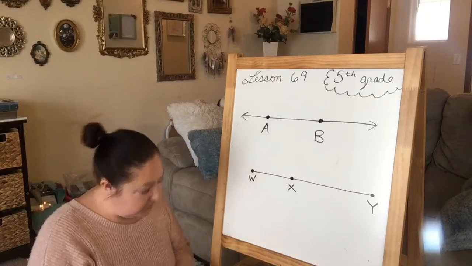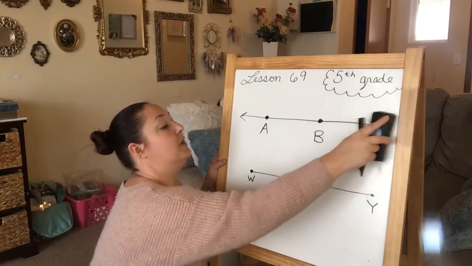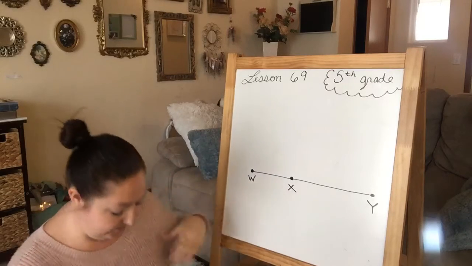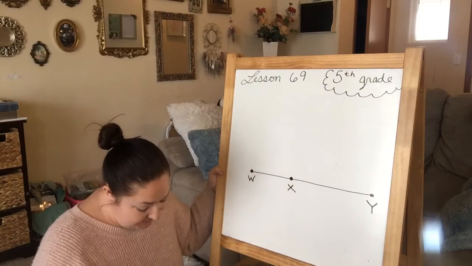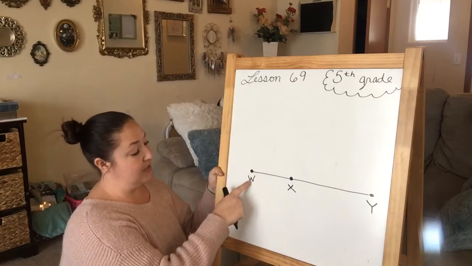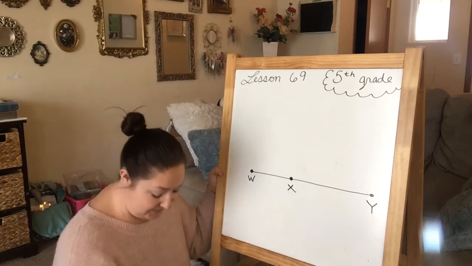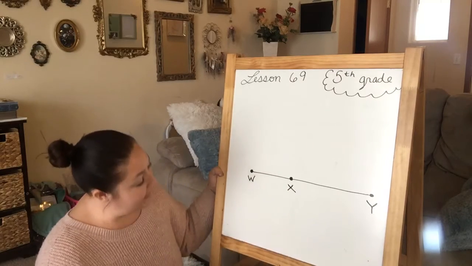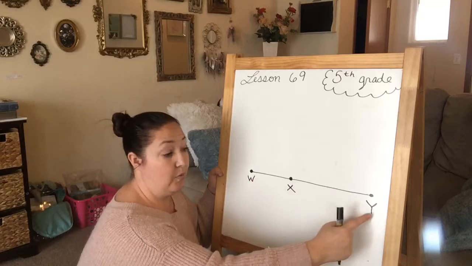Then what does it say? It says in the figure below, do you see my figure below? I'll erase this so we don't get confused. We have our W, X, and Y. It says we can identify 3 segments. We can identify segment WX, segment XY, and segment WY.